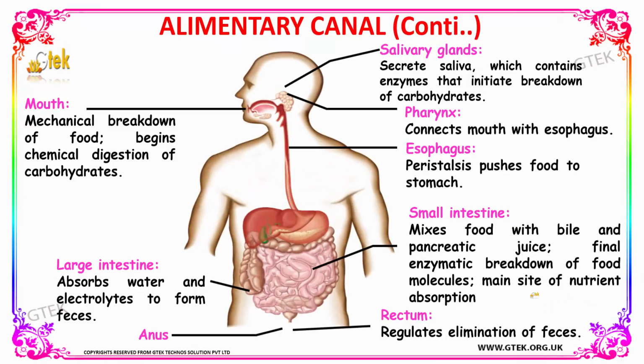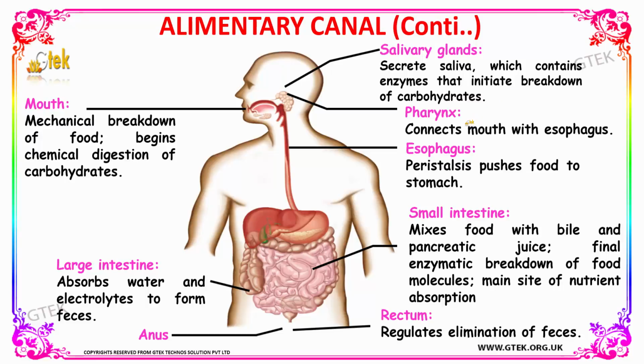Let us see in detail about the alimentary canal organs. First, we have the mouth, where the mechanical breakdown of the food begins, and the chemical digestion of the carbohydrates. And your salivary glands secrete the saliva, which contains enzymes that initiate the breakdown of the carbohydrates.